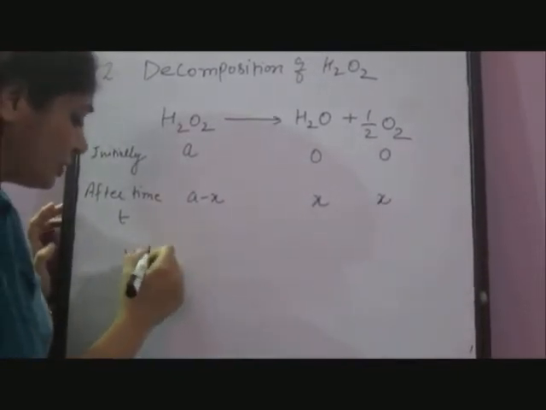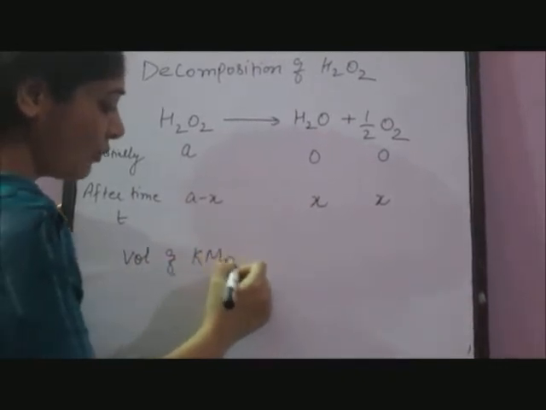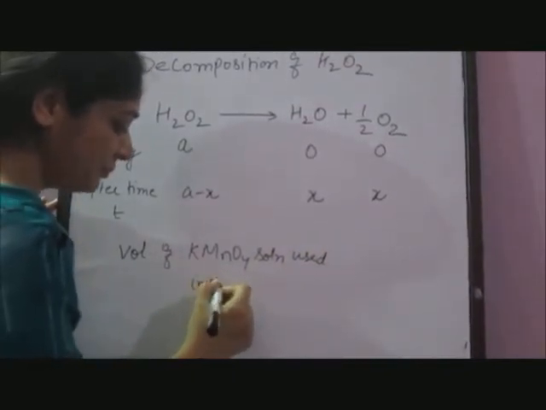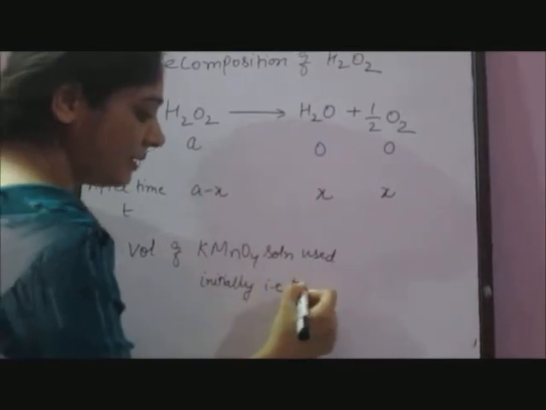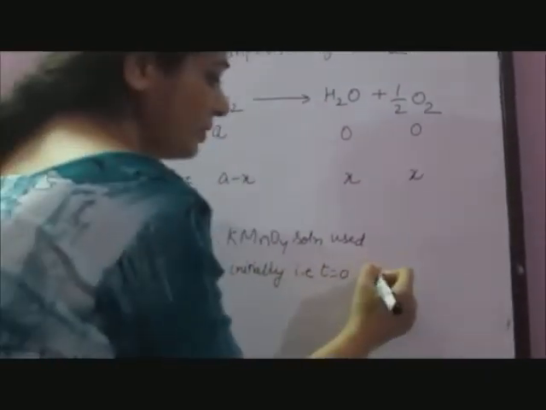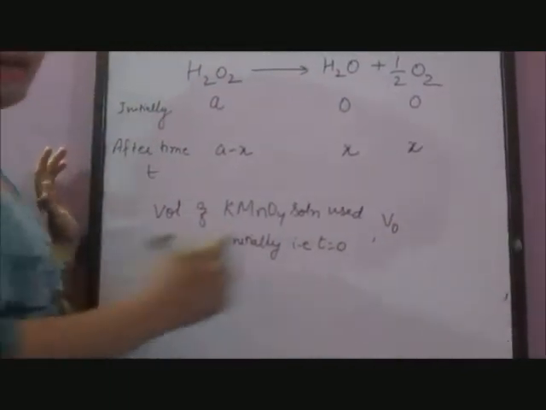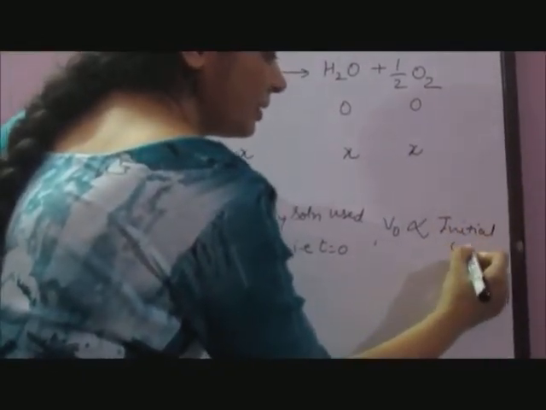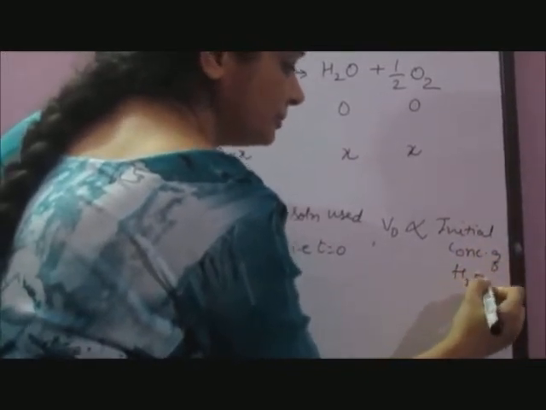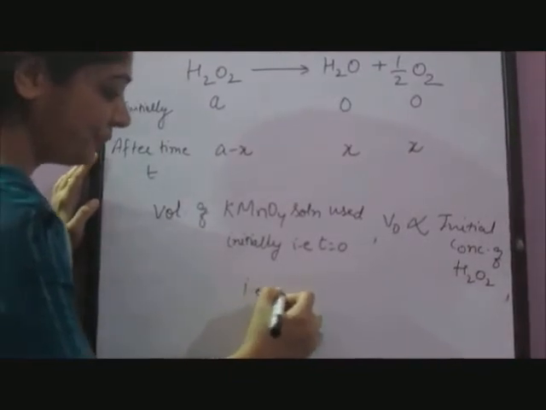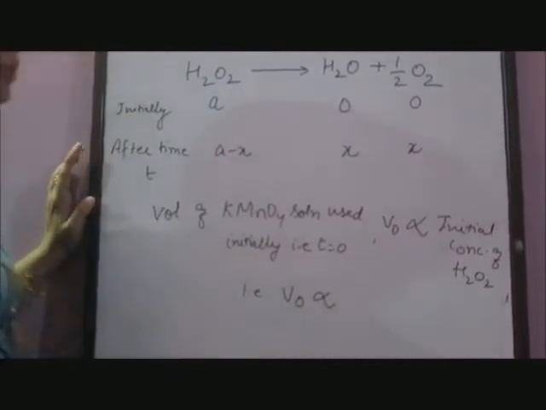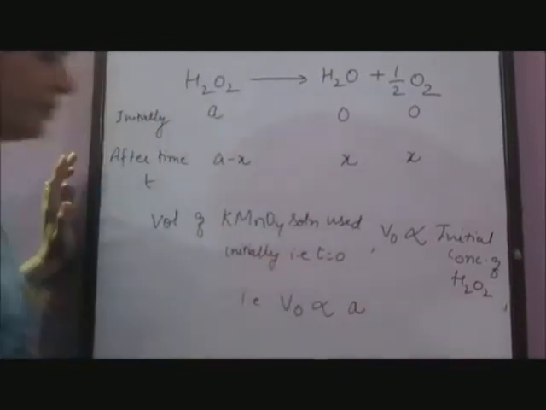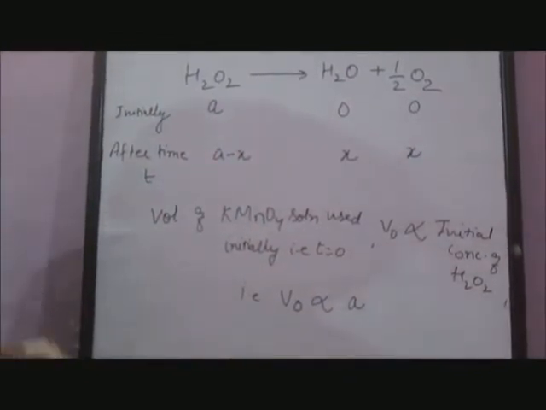Volume of KMnO4 solution used initially, that is at time t0, is V0, that is directly proportional to initial concentration of H2O2, that is A moles per liter. Therefore V0 is directly proportional to A.